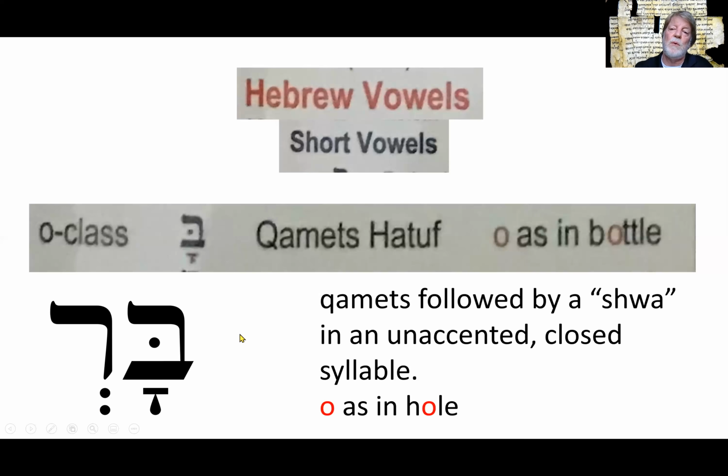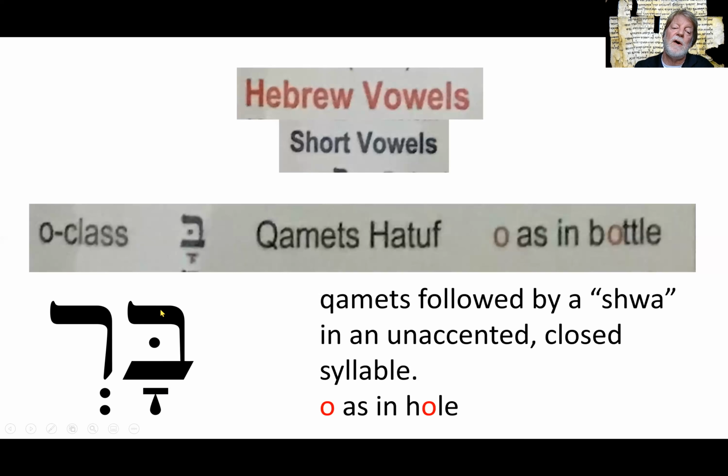Now, one of the rules that we will learn later on is that in Hebrew, there are open syllables and closed syllables. An open syllable would be when there is just a consonant with a vowel under it, and next to it would be a consonant with another vowel under it.